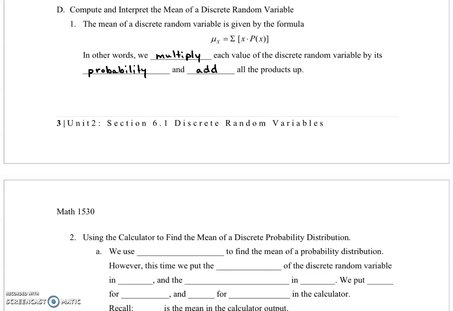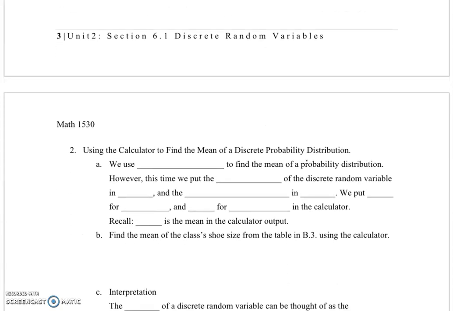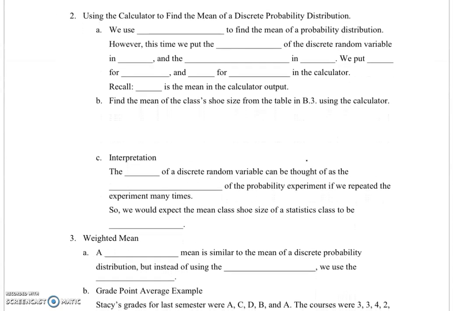Fortunately for you guys, we are now living in the age of technology, and so we will use our calculator to do this. So, to use the calculator, we use one-var stats, just like we did when finding the mean in chapter 3.